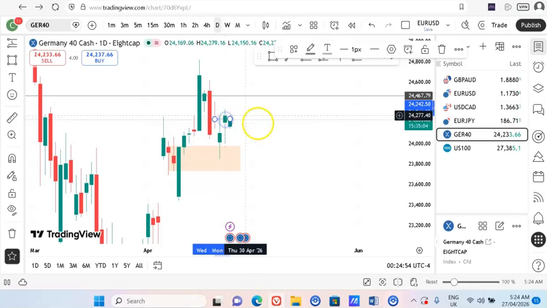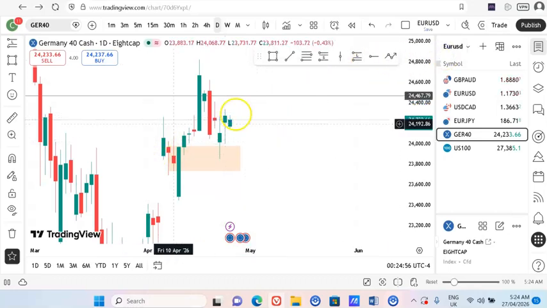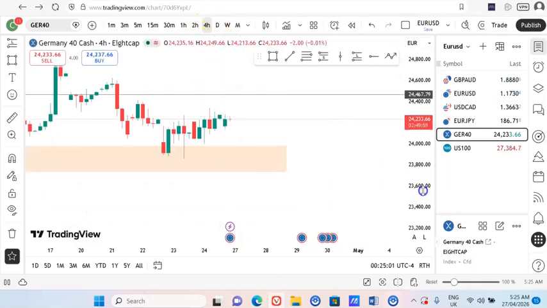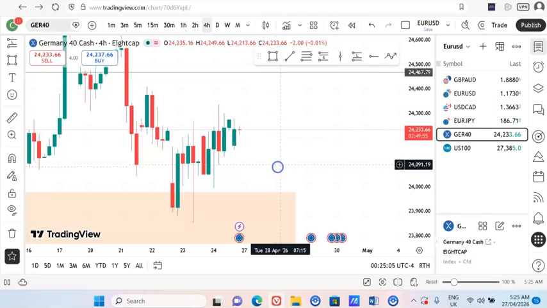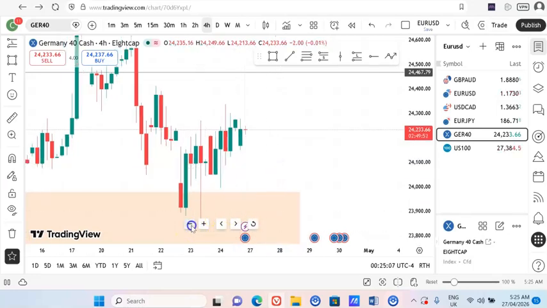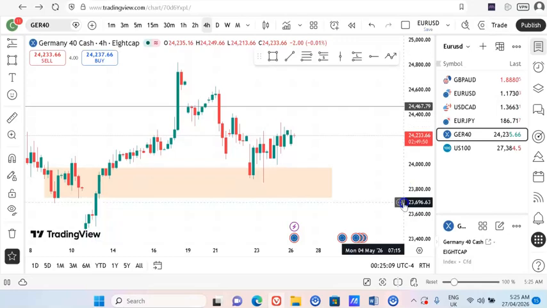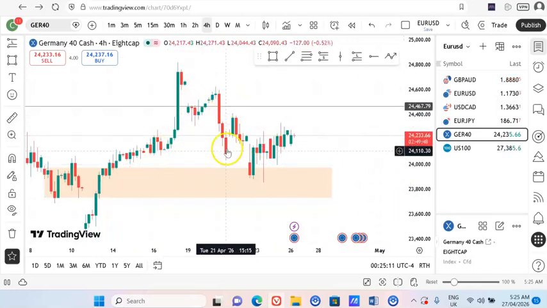Maybe later in the day it may start coming down, but what I see here is bullishness. So that will be my bias for this. All I have to do is go down and keep looking for supporting ideas. Okay, you can see we already have a market structure shift on the 4-hour.